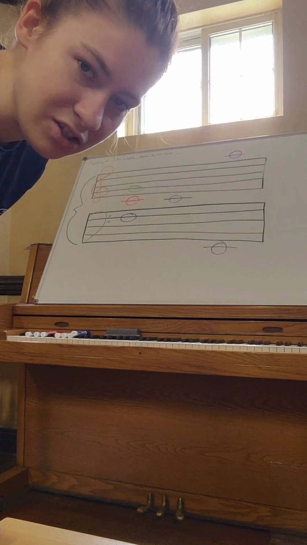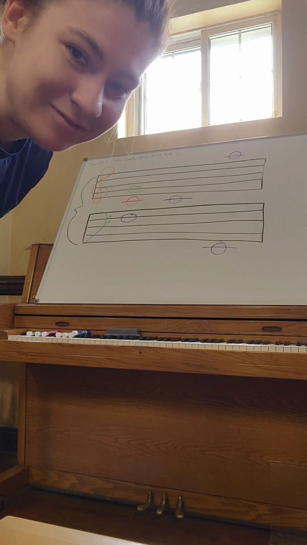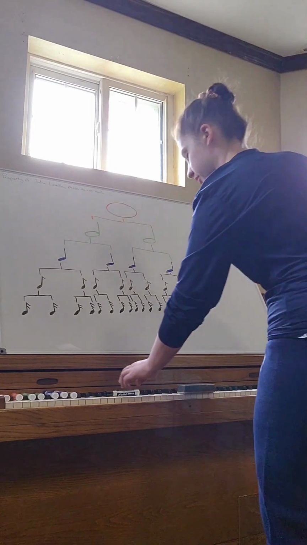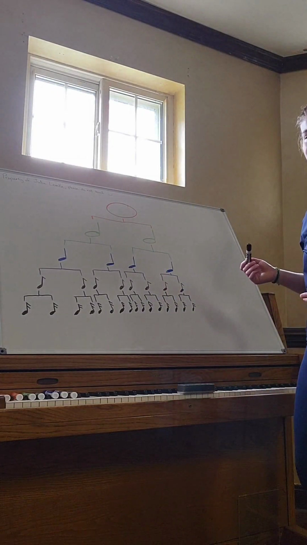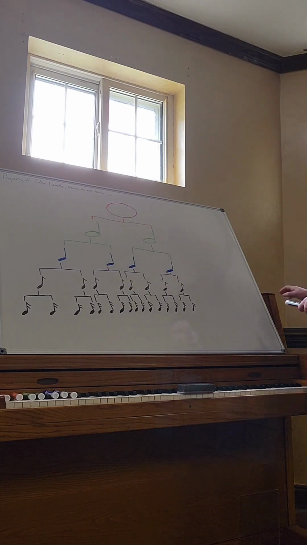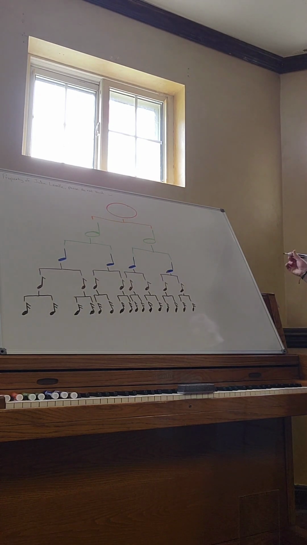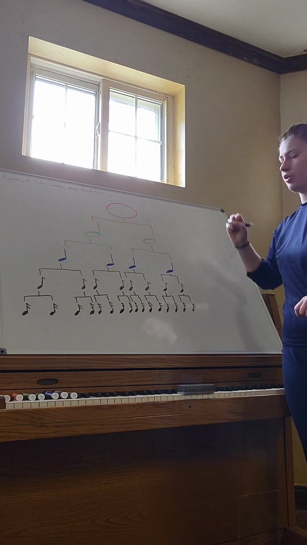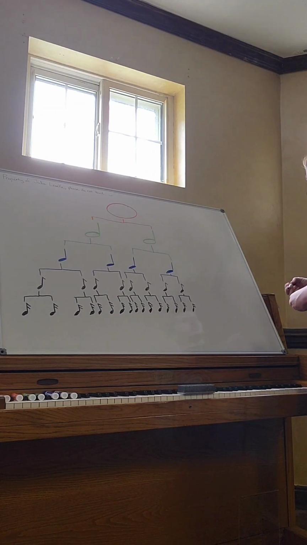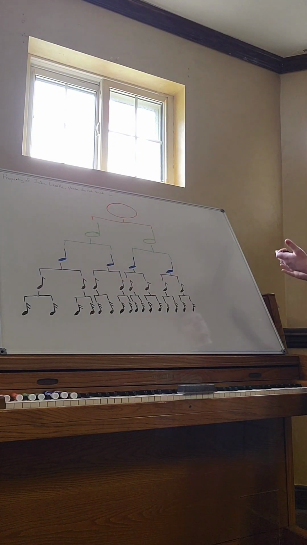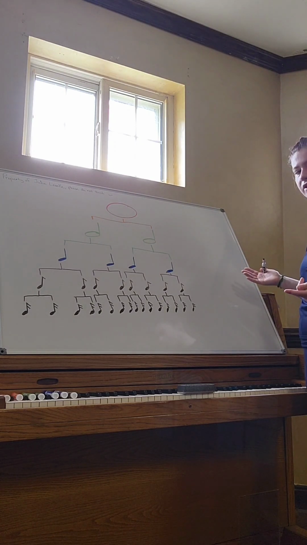Now we're going to move on to note duration. Note duration is the length of time a note is played. For example, up here we have the whole note, and the whole note has the longest duration no matter what meter you're working with.